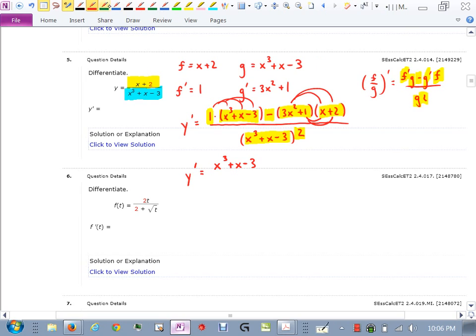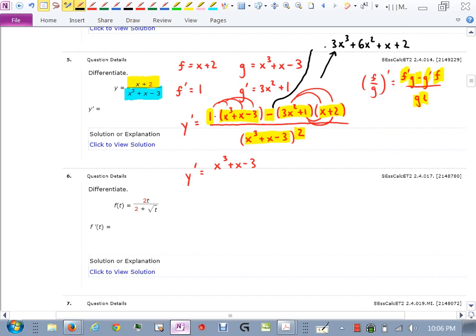I'm going to just do it in black up here so we can just get the answer. So it's going to be 3x cubed, then we're going to have plus 6x squared, then plus x, and then plus 2. But notice that we have a minus that's in front of that.